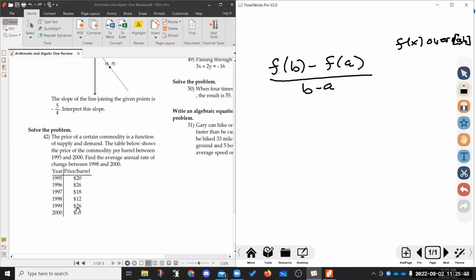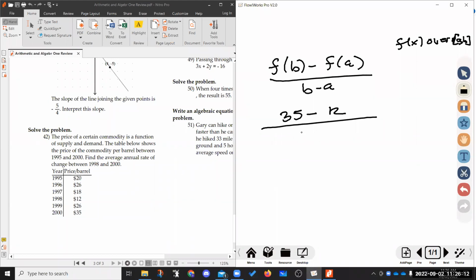So I'm going to take my right endpoint here, 35, minus my left endpoint. Now it says 1998, so it's $12 here. Don't go all the way back to 1995 because it says 1998 to 2000.